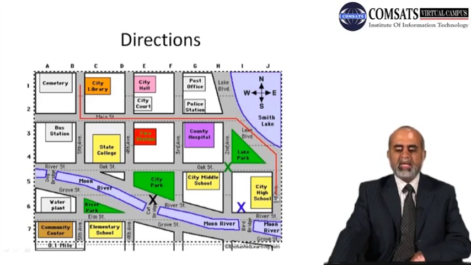You can respond by saying, go north into First Avenue, turn left into Lake Boulevard, take your first left from the next intersection, or take your first left into Main Street, go past the first intersection, go past the second intersection, turn right from the third intersection, walk a little or drive a little, and you will find City Library on your right, opposite the cemetery.